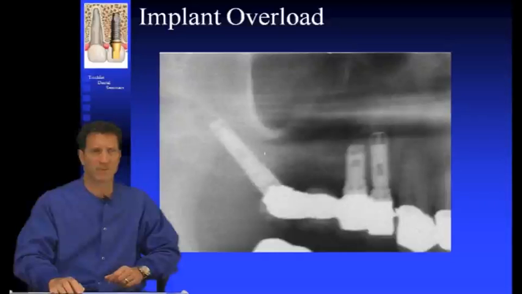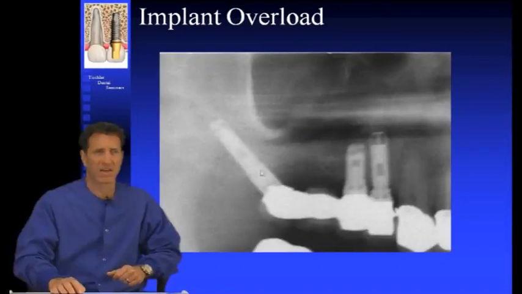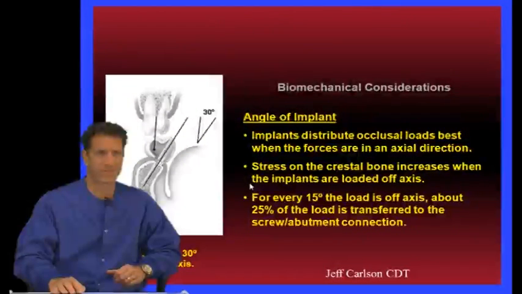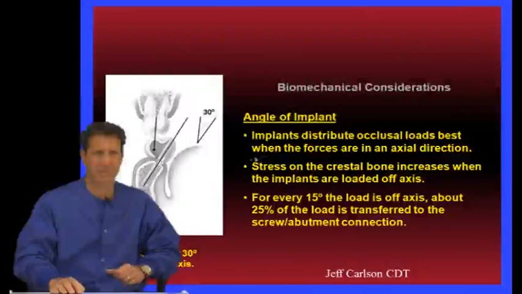So this situation here, where you're placing an implant in the pterygoid area, not only is it a blind surgery, but it's also not good from a stress factor. The angle of the implants distribute occlusal loads best when the forces are in the axial direction. So you want to avoid angled implants if you can.